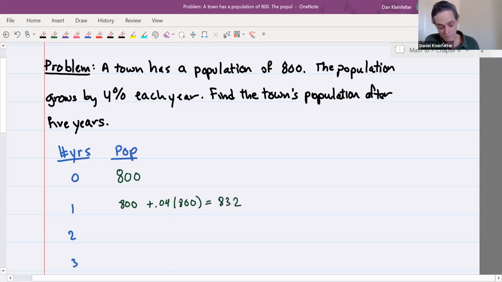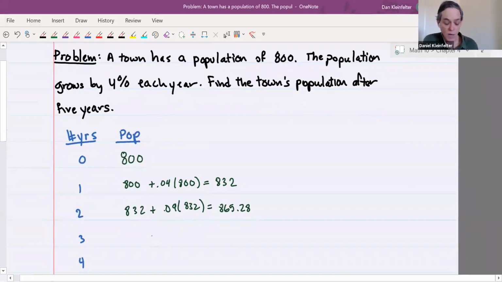In year 2, we'll take the year 1 population of 832, and add to it not 4% of 800, but 4% of 832. Okay, and that'll be 33.28. So it'll be 865.28. Of course, here, it doesn't make sense to have fractional individuals, so we could round when we get to the end.